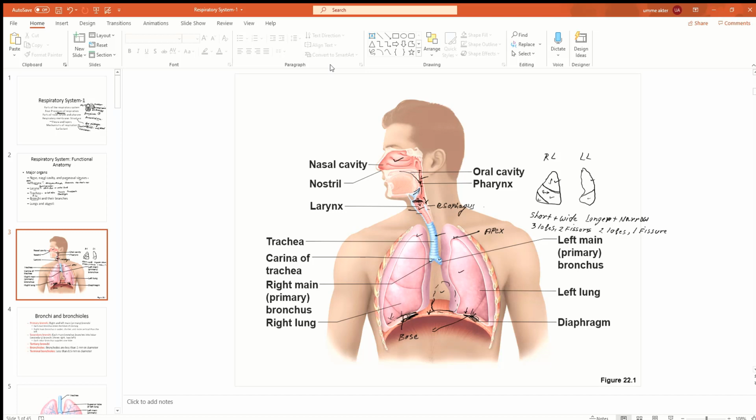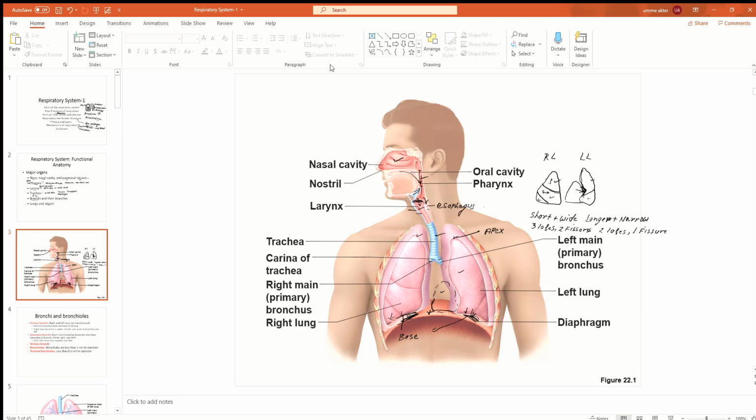another thing, if you see the left lung has a notch here. That means a U-shape part, that is called the cardiac notch, because we know that most of your heart is in the left side, right? So to give some room to the heart, you have a notch or depression in the left lung, and that is called the cardiac notch.